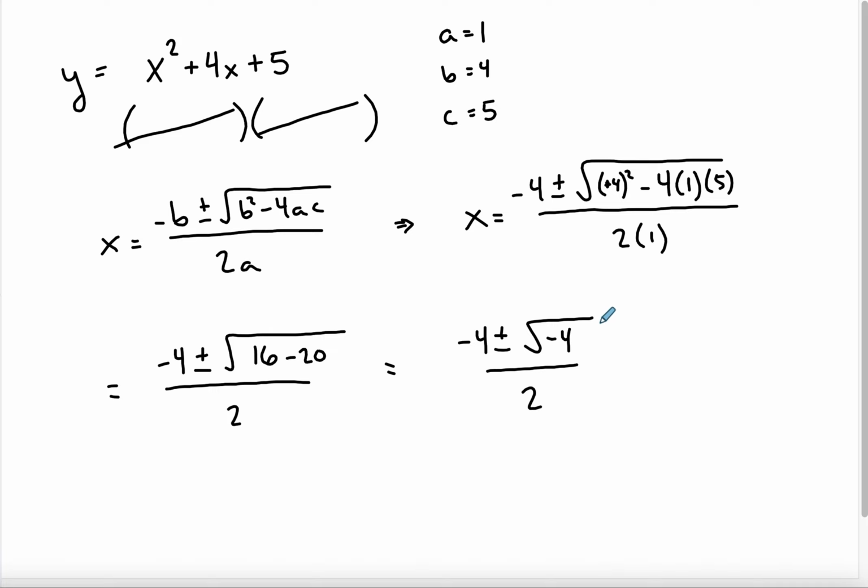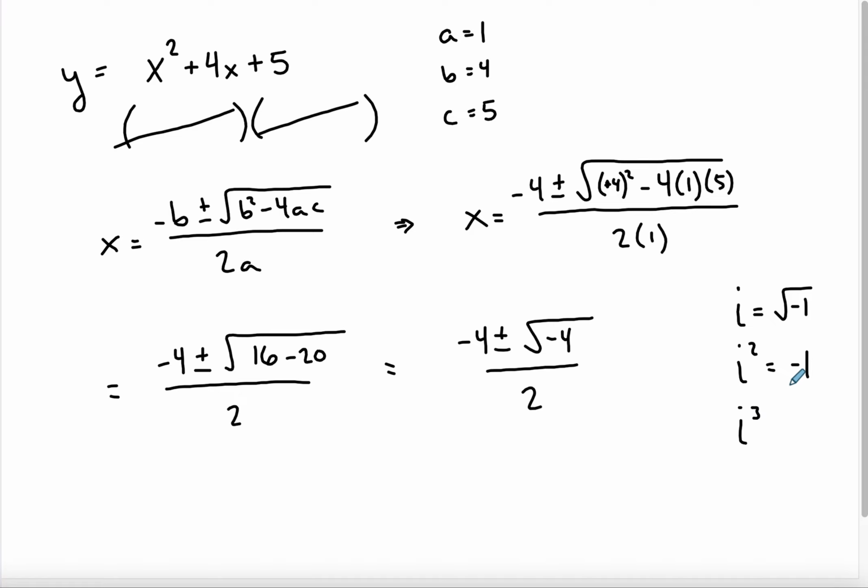We cannot take the square root of a negative number. And here's where the complex numbers, or the imaginary number i, comes in handy. Remember, i is equal to the square root of -1. That means i squared equals -1, right?